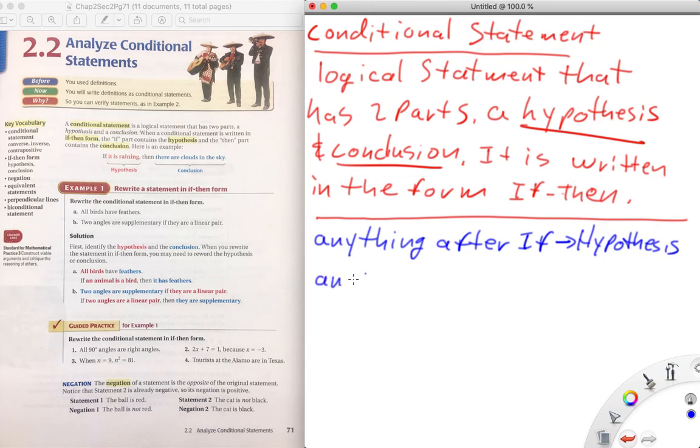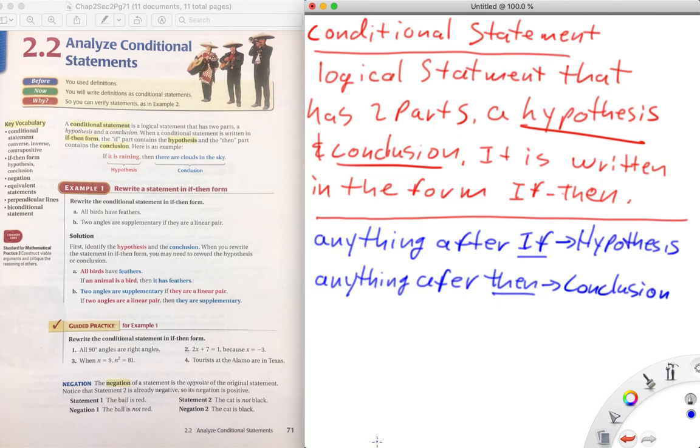Anything after the then statement, or the word then, is your conclusion. Anything after the if is your hypothesis. Anything after then is your conclusion of your conditional statement.